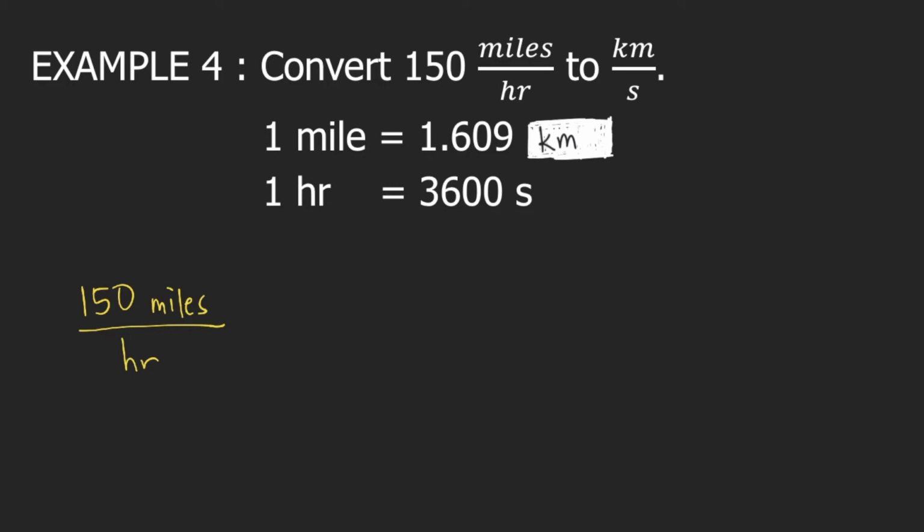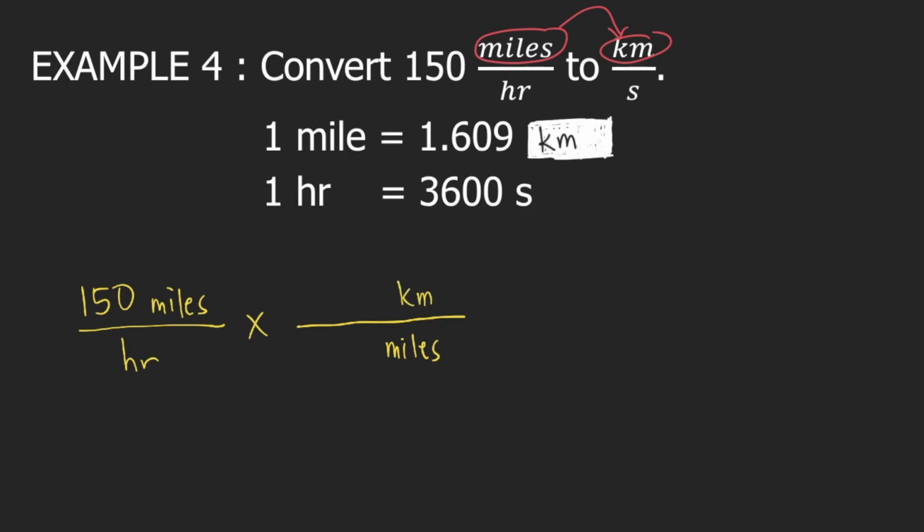So we can actually do this 1 unit at a time. So let's convert first miles to kilometers. So we want miles to cancel out. So we put miles on the bottom and we put kilometers on top.